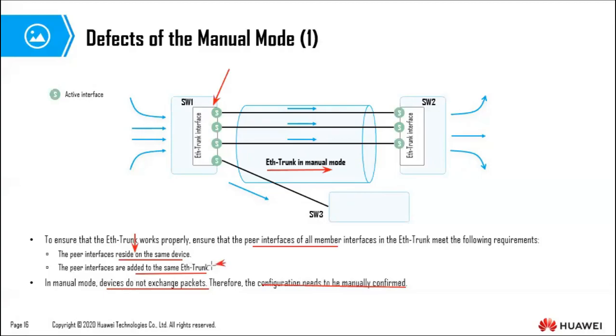The second one here, peer interfaces are added to the same Ethernet trunk. So in this example, you can see we have switch 2 and we have switch 3.